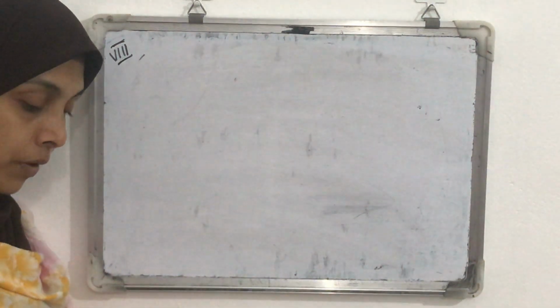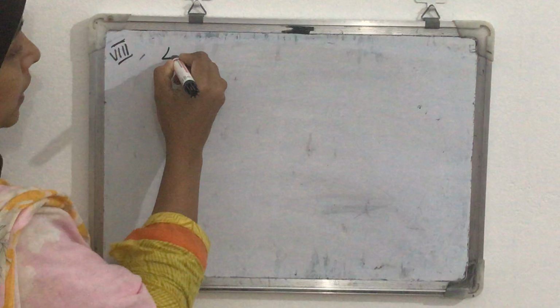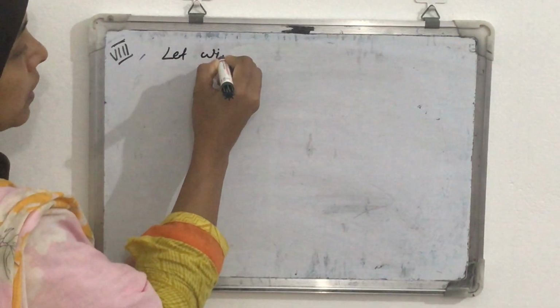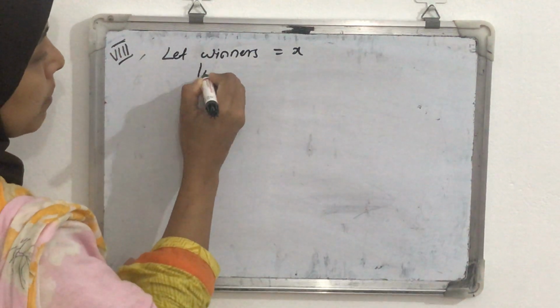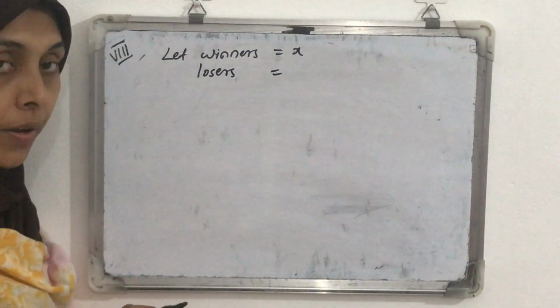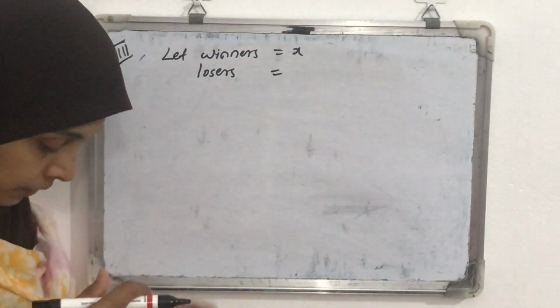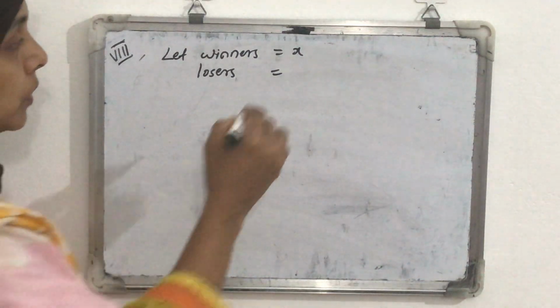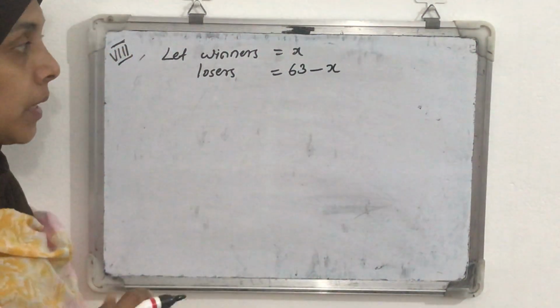So the number of losers will be 63 minus x.